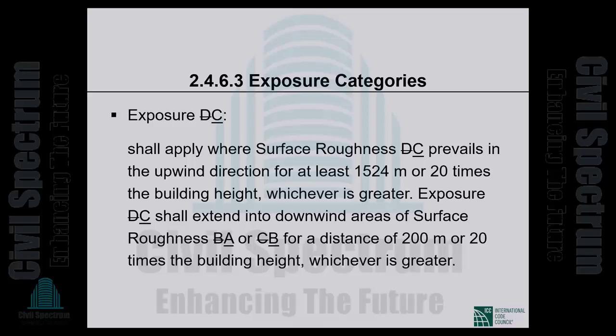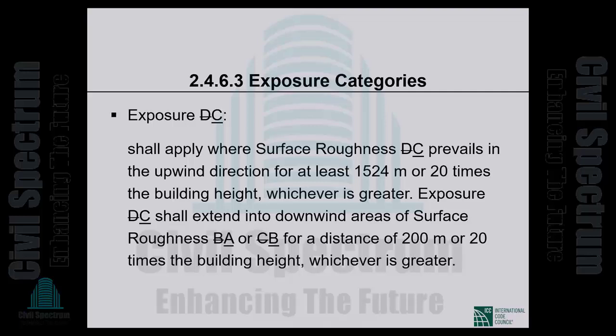Exposure C shall extend into downwind areas of surface roughness A or B for a distance of 200 meters or 20 times the building height, which is greater. This is something important.